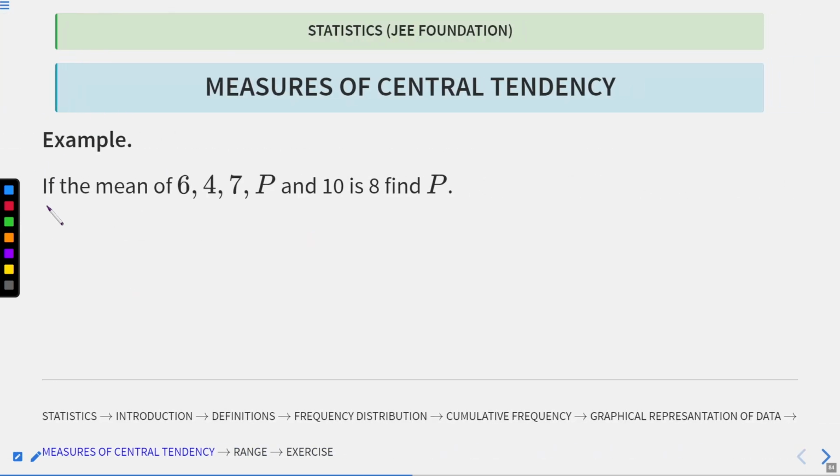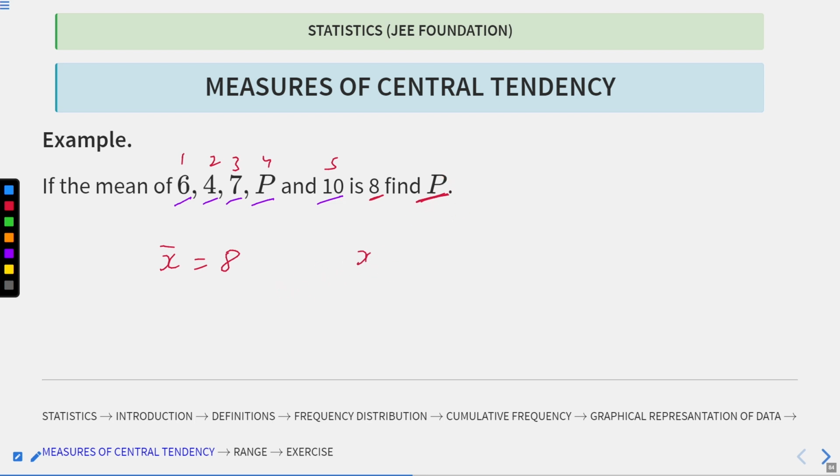Now in this example, it says the mean of 6, 4, 7, p and 10. If you see, the number of observations is 1, 2, 3, 4, 5. So we have 5 observations, and its mean given to us is 8. So x bar is 8. We need to find the value of p.